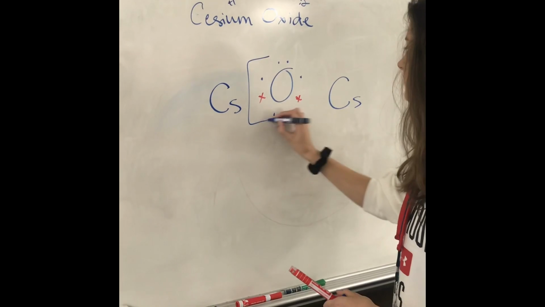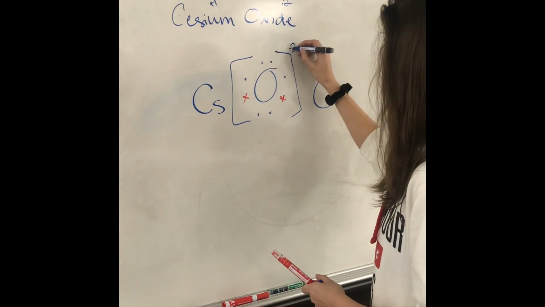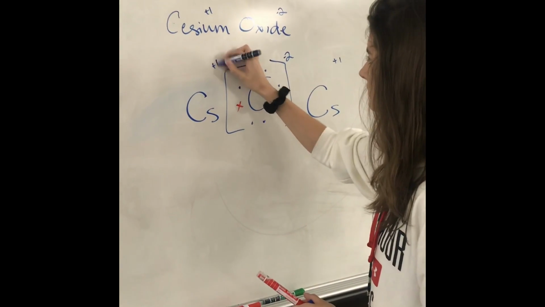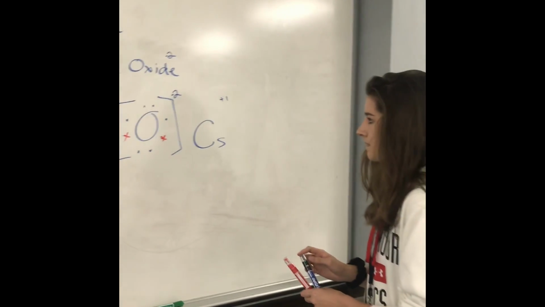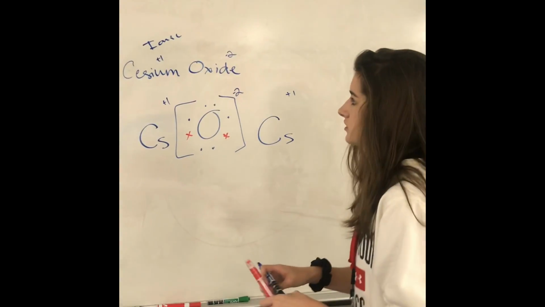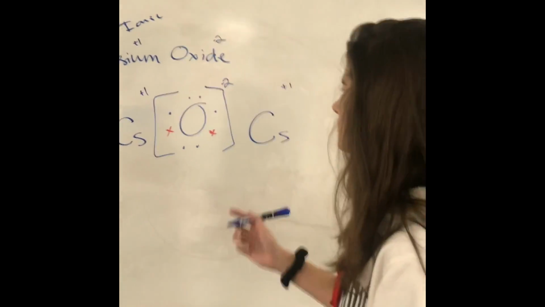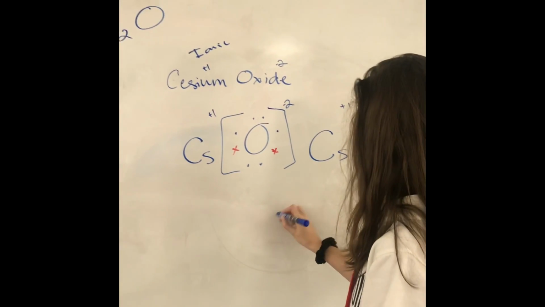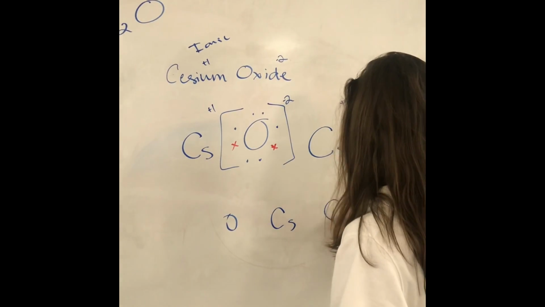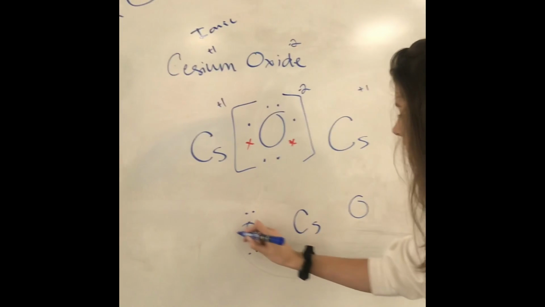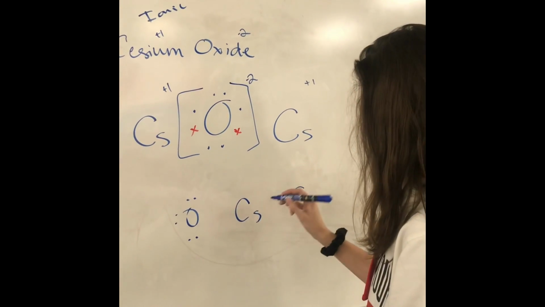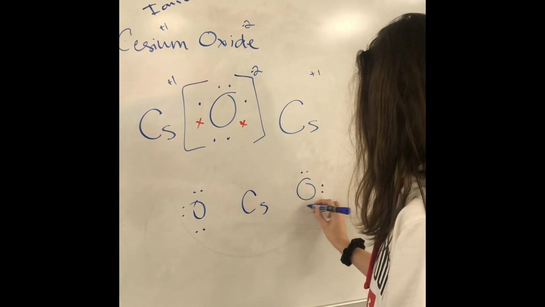So you have here, which this is a charge of -2, and this is a charge of +1. One way to get this wrong is if you look at the charges and, because of the charges, draw 1 cesium and 2 oxygens. Oxygens have 6 valence electrons, so 2, 6.